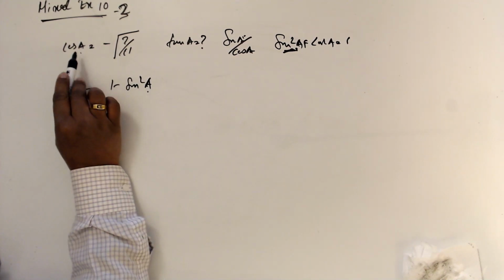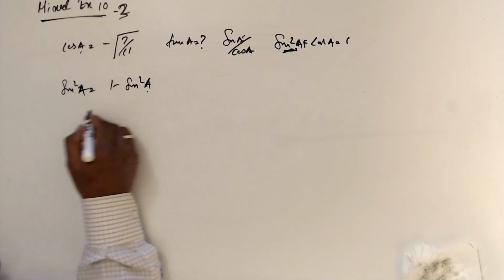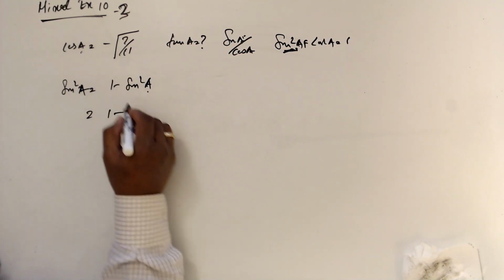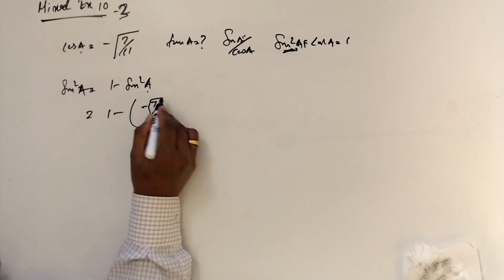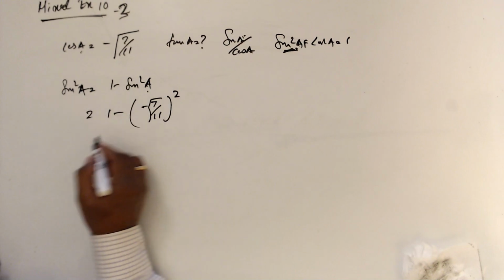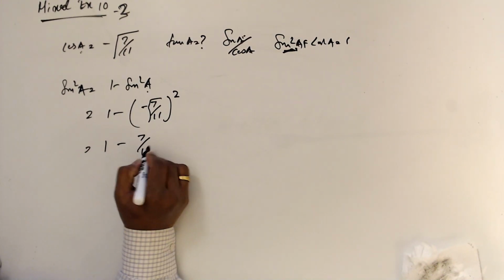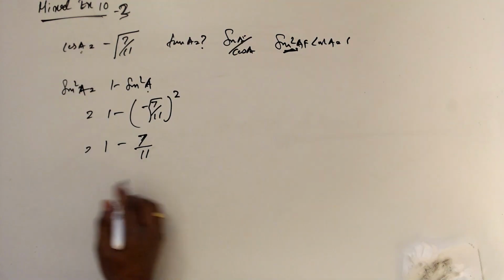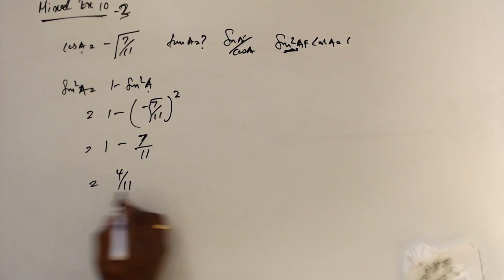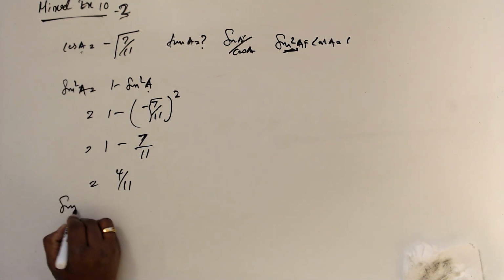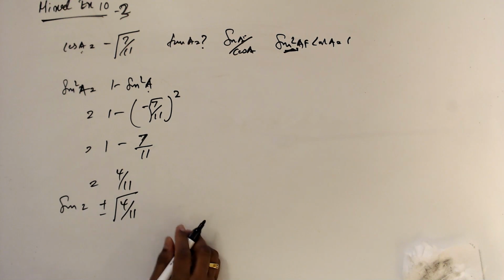Because I recognize this is A. Now 1 minus cos squared A means 1 minus 7 over 11. So this is going to be 4 over 11. So sin is plus or minus square root 4 over square root 11.